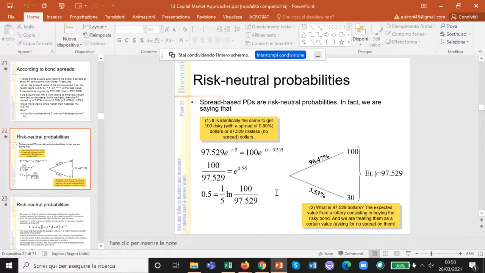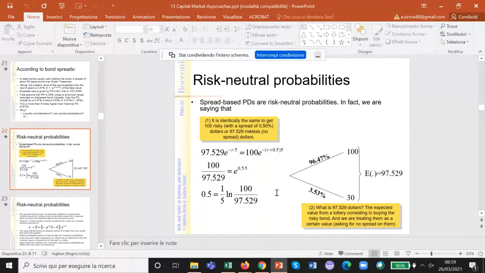So basically, the point is that given that spread, a very significant component of that spread is not related to the expected loss associated to the probability of default, but it's compensating the investor for the risk he or she is taking, and it's basically driven by risk aversion.